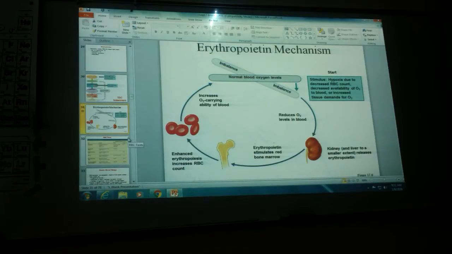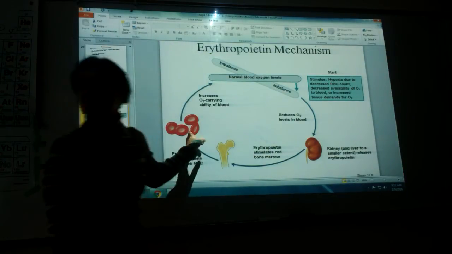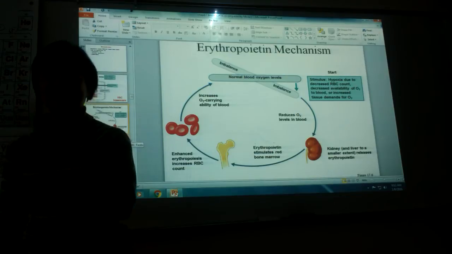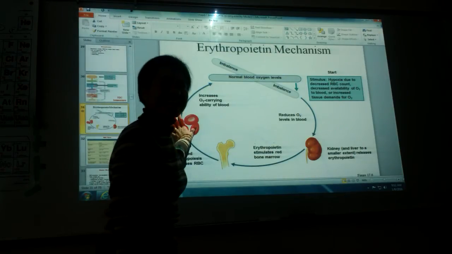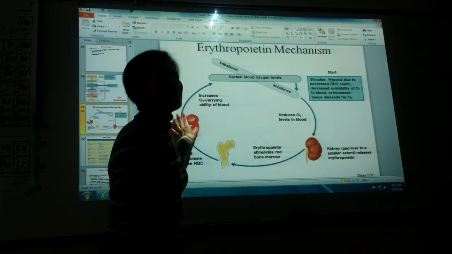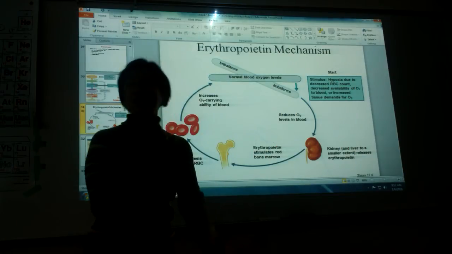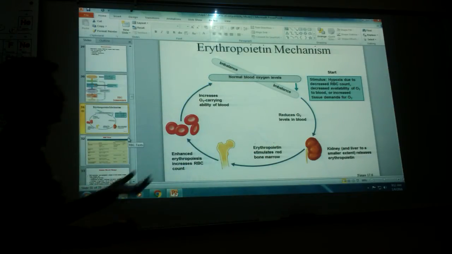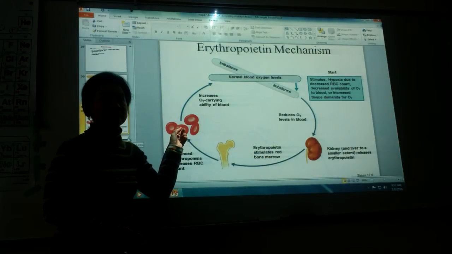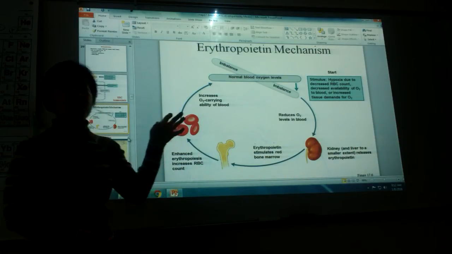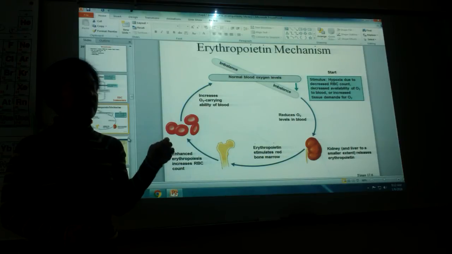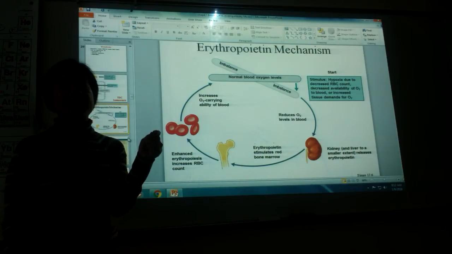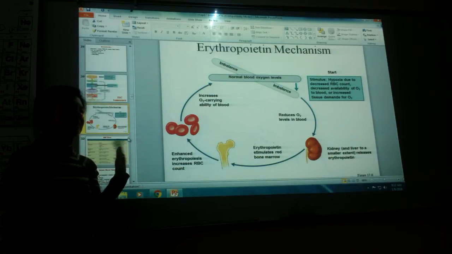What do we need red blood cells for? Oxygen. So if you have problems with oxygen, what will solve the problem? Red blood cells. People will make that mistake. If they have problems with oxygen, they think it's the respiratory rate that will solve the problem.